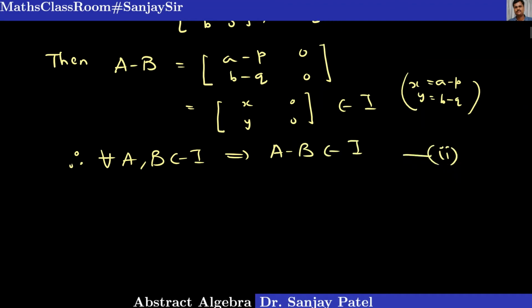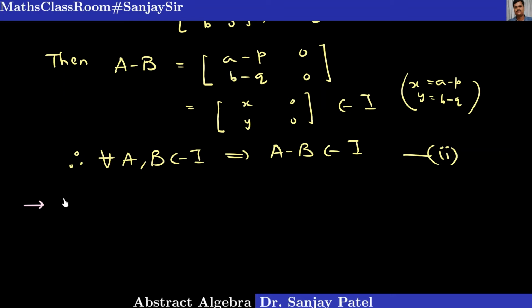Now for the next condition, the third condition, we take one element from the ring and one element from the given set I. What is our ring? Our ring is the ring of matrices of order 2.